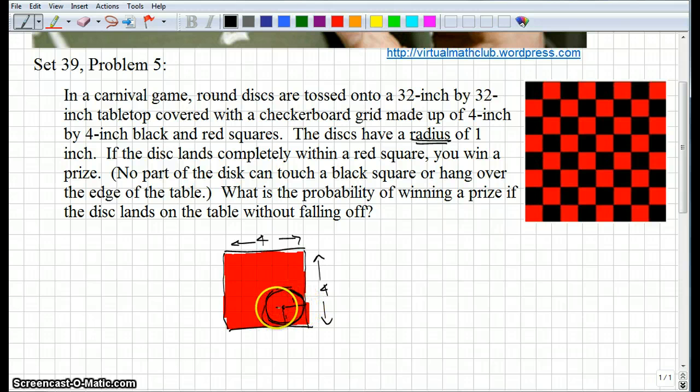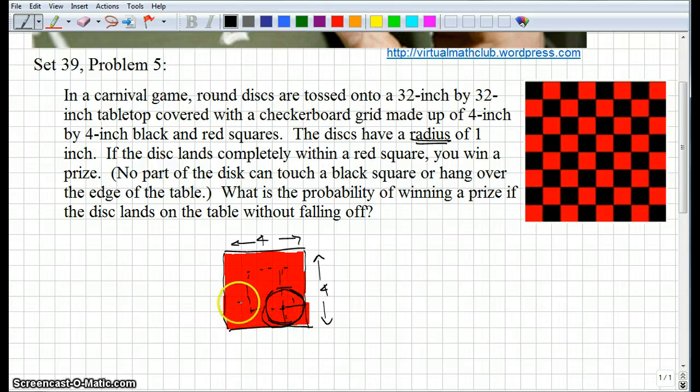Okay, so let's focus in on that center. It makes it a little bit easier to deal with. Let's look at just where the center could land.